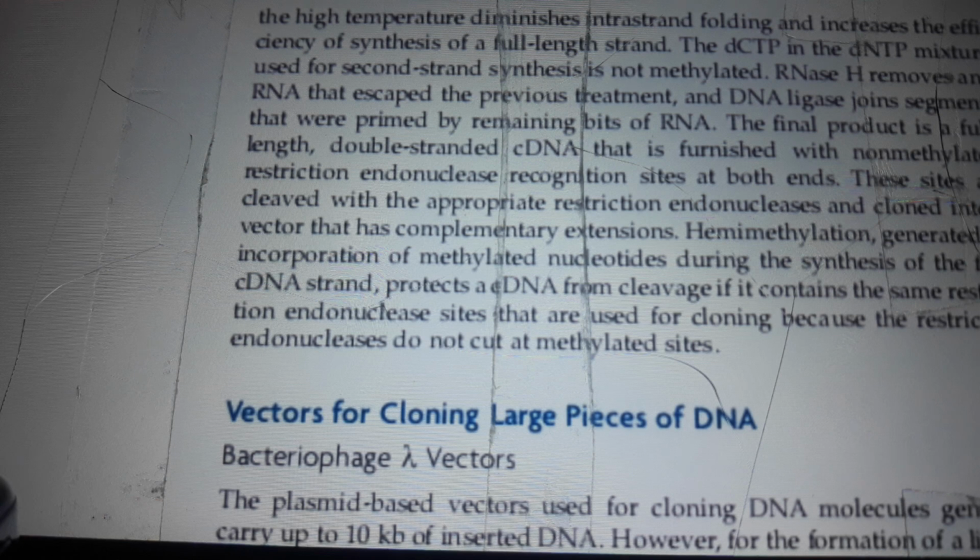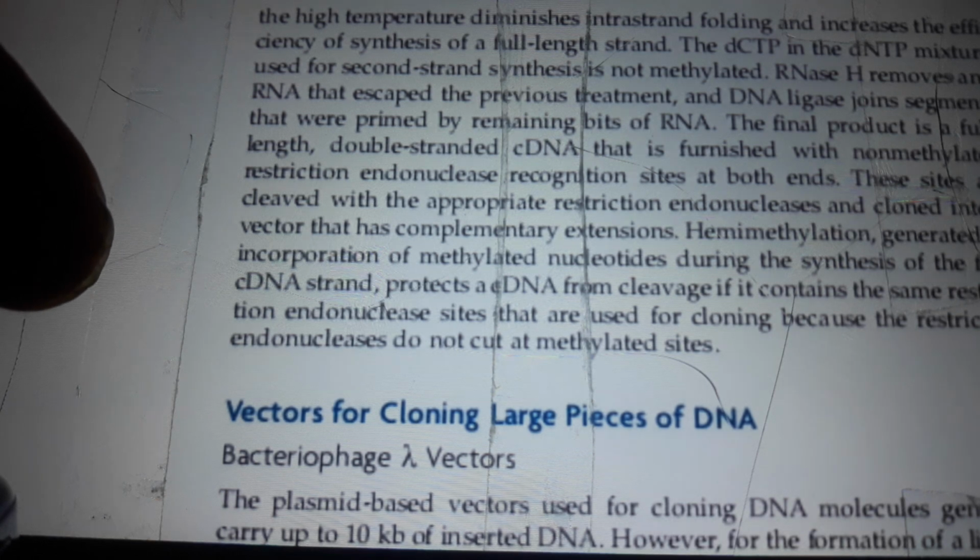RNase H removes any RNA that escaped the previous treatment, and the DNA ligase joins segments that were primed by remaining bits of RNA. The final product is a full-length double-stranded cDNA that is furnished with non-methylated restriction endonuclease recognition sites at both ends. These sites are cleaved with the appropriate restriction endonucleases and cloned into a vector that has a complementary extension.